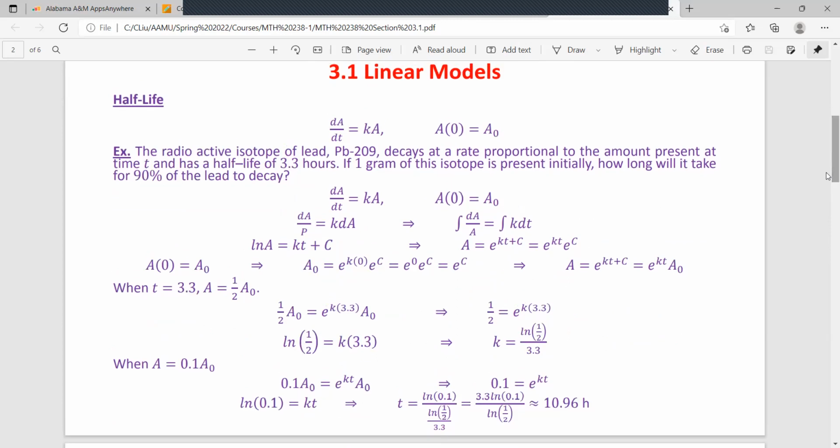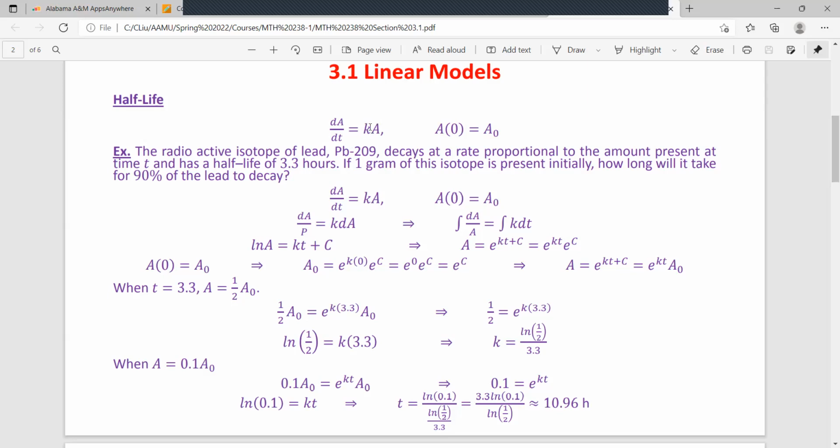So the next example is called half-life. Okay, so that's still a linear model. We're talking about the decay of an isotope. So in this differential equation describing the decay of an isotope, A is the amount of the isotope at time t, any time.